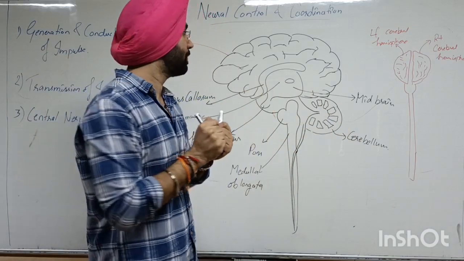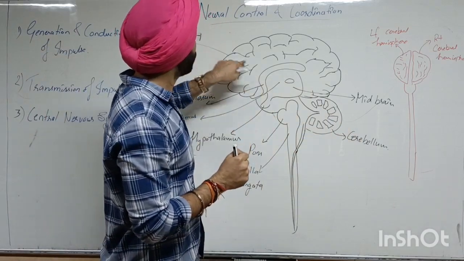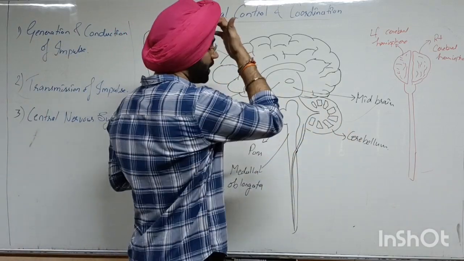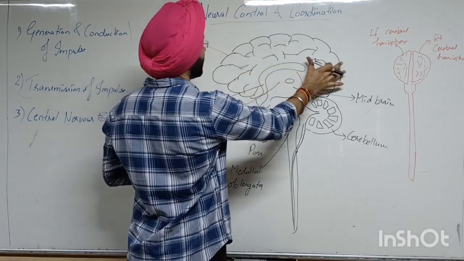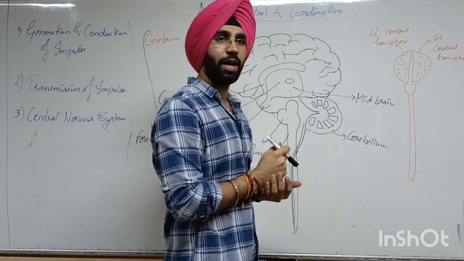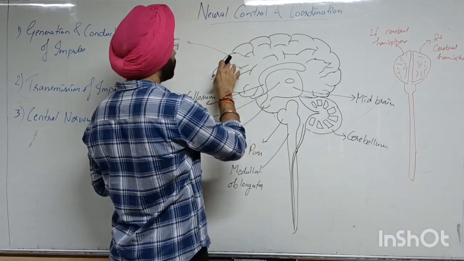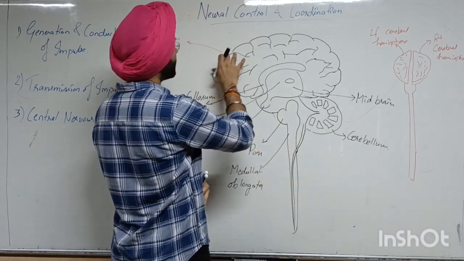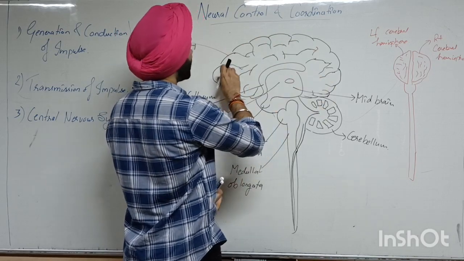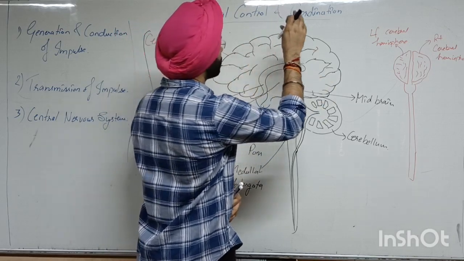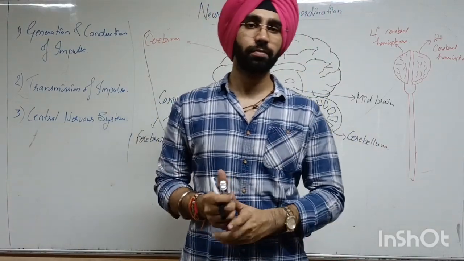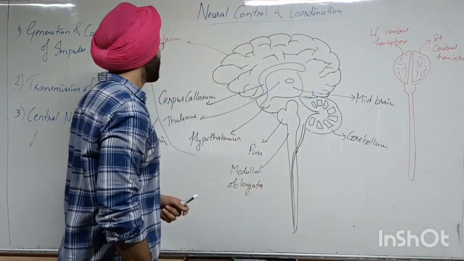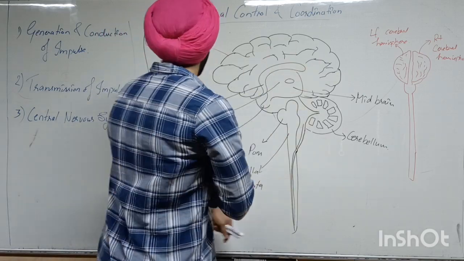Every impulse generated by neurons is carried toward this part, because there are many parts responsible for analyzing. Actually, the brain is also known as the command and control system of our body, so every impulse is coming towards the brain. Wernicke's area is present, olfactory area is also present, and each and every area is responsible for some analysis according to that stimulus.